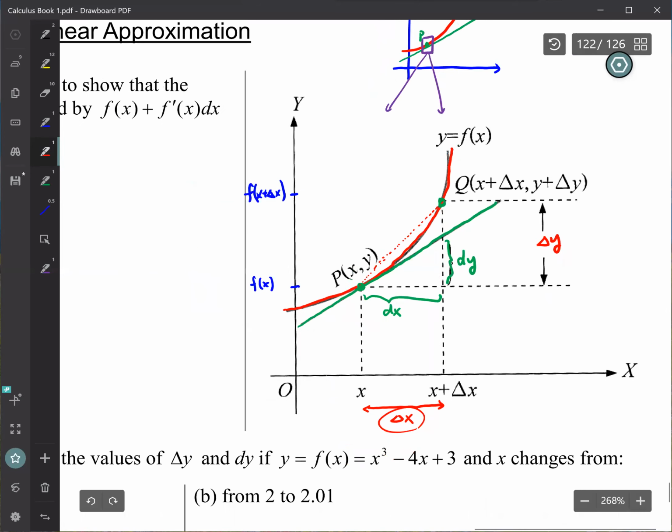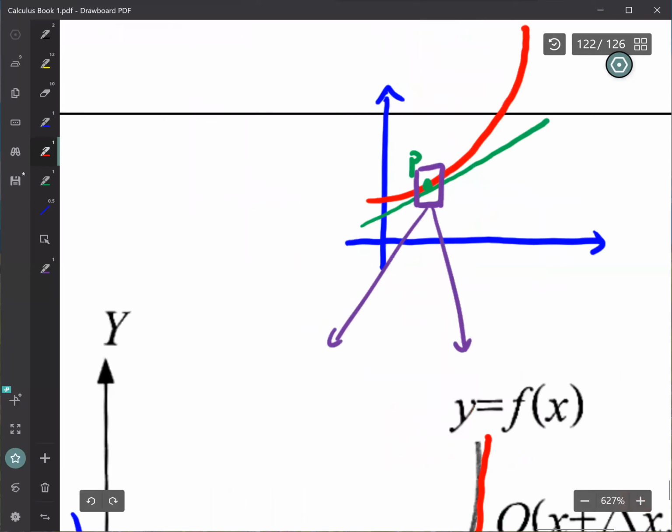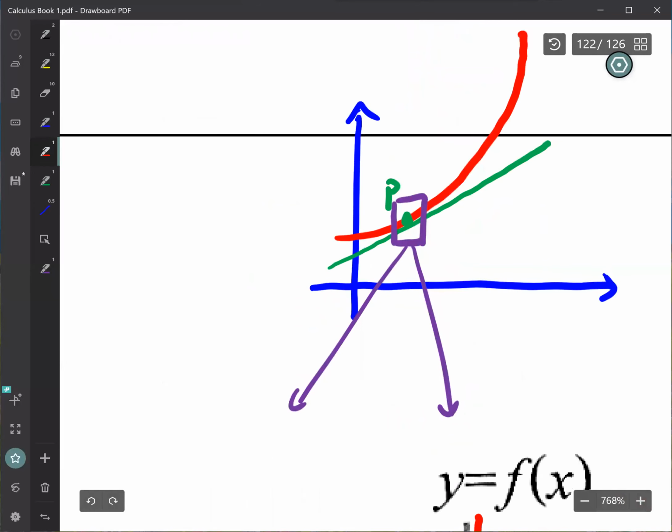Okay, so you can see that the delta x and dx are the same size, same value. But the delta y and dy are different. If we look at the original graph, before zooming in, you won't be able to tell the difference between the delta y and dy because they are so close.